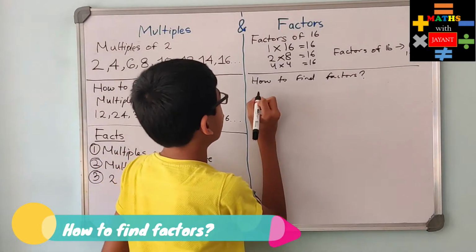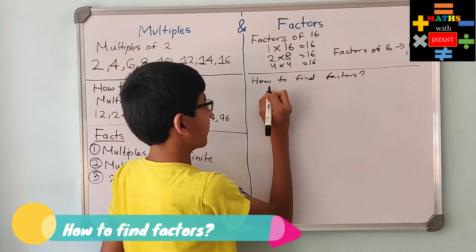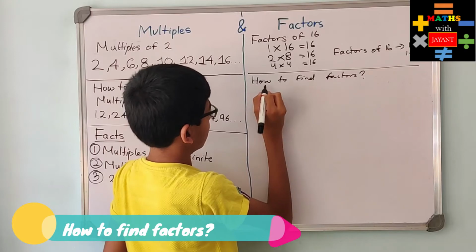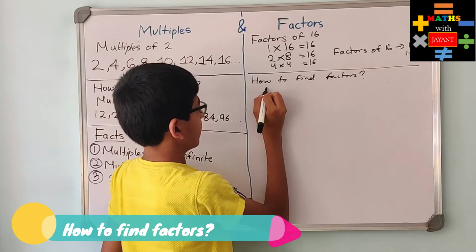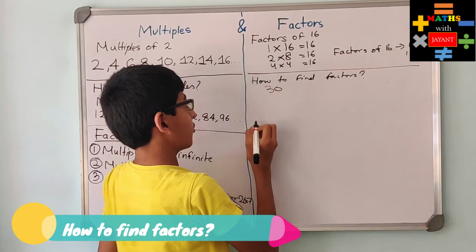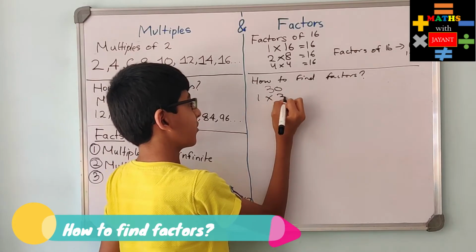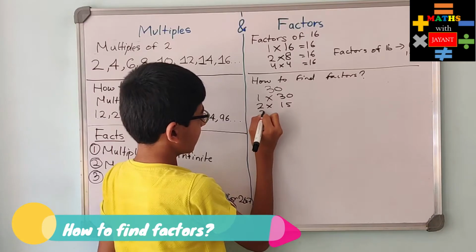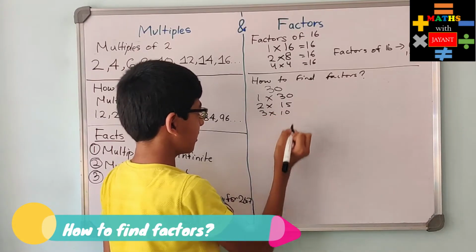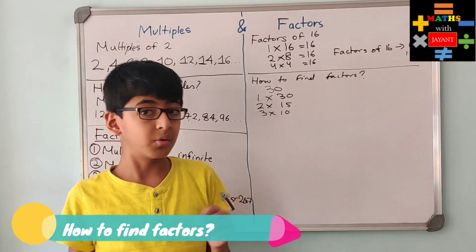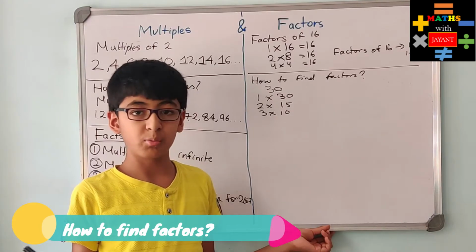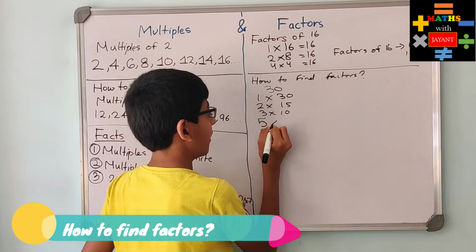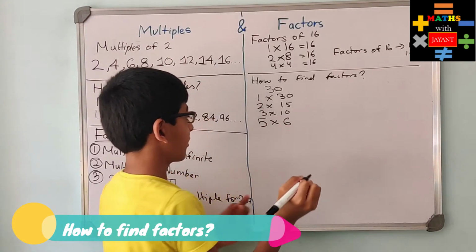There can be any two numbers that we multiply to get the given number. So let us find the factors of 30. 1 into 30 gives us 30. 2 into 15 also gives us 30. 3 into 10 gives us 30. Now 4 into what gives us 30? Nothing. So 4 is not a factor of 30. 5 into 6 also gives us 30.